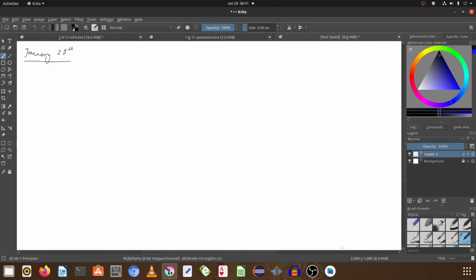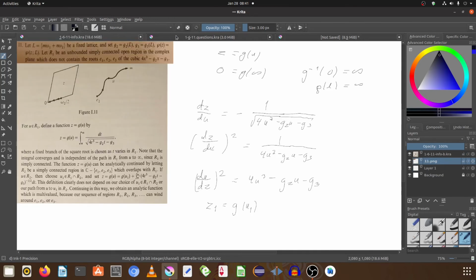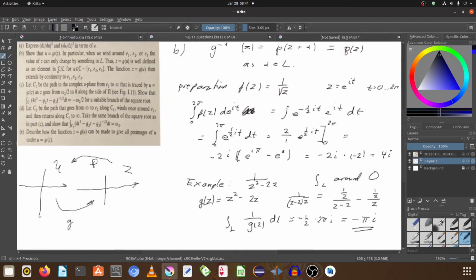So, let's try to solve the rest of the problem. Last time I managed to solve part C. So, we have a path from infinity to E2 along the curve defined up here. Then we wind once around E2 and go back to infinity along the same path. Oh, but we have already done that with the square root.